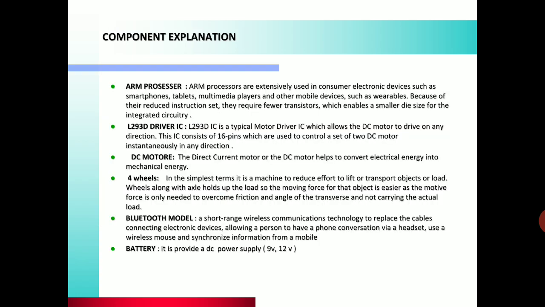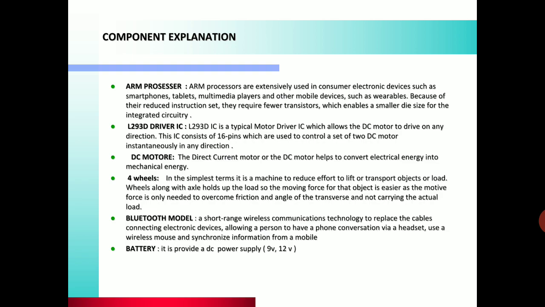So this is the explanation of the components. Here the ARM processor is used in consumer electronics devices such as smartphones, tablets, multimedia players and other mobile devices, etc. Then the L293D driver IC is typically used to allow the DC motor to drive in any direction, and it consists of 16 pins.